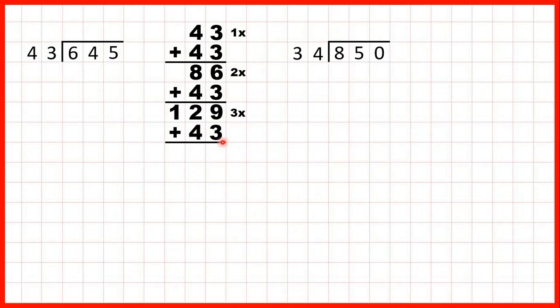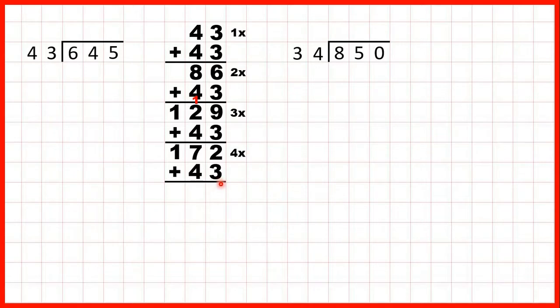If we add another 43, 9 plus 3 is 12, so 1, 2, and I've written the 1 in red only so that it's easier for us to see. 1 plus 2 plus 4 is 7, 1 plus nothing is 1, so that means that 172 is 4 times 43.